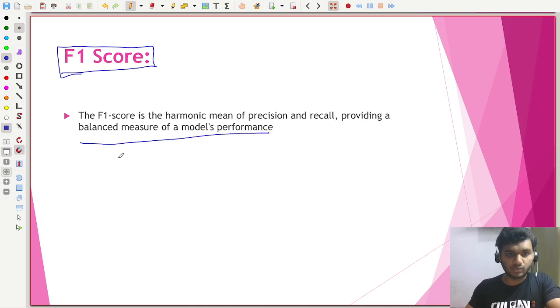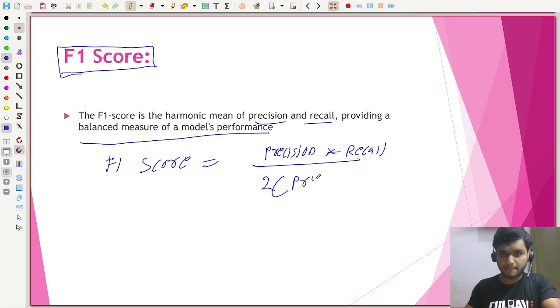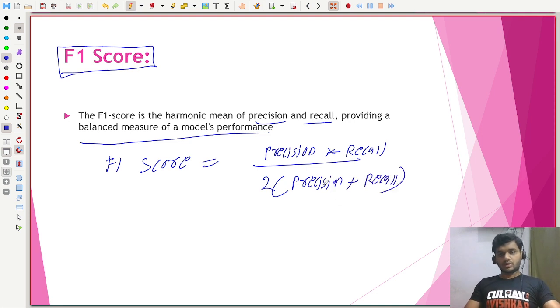So the F1 score formula is 2 into precision into recall, divided by precision plus recall.